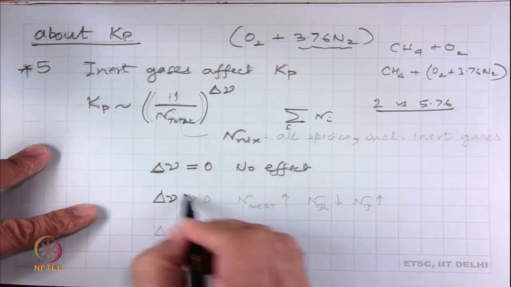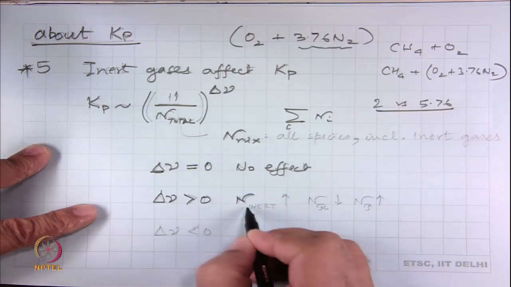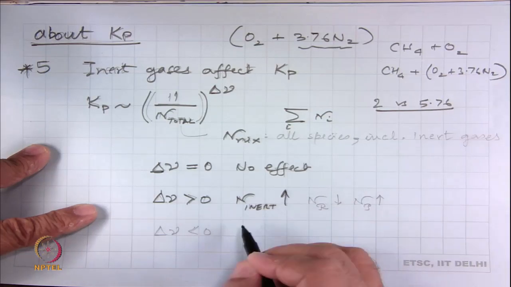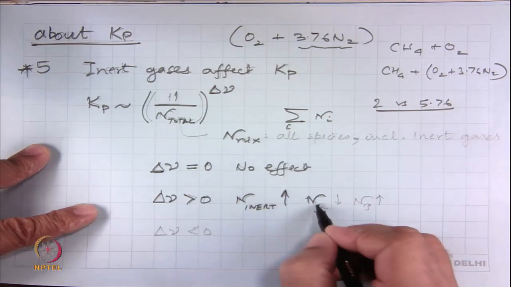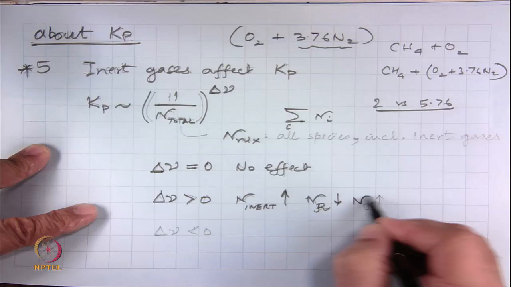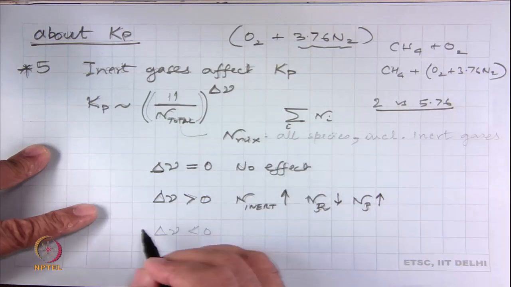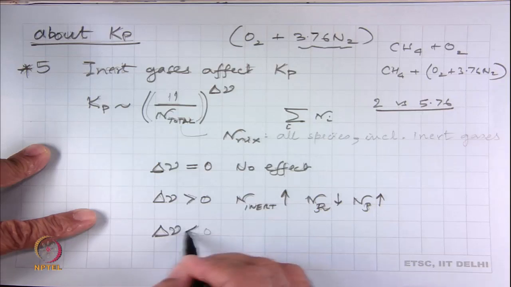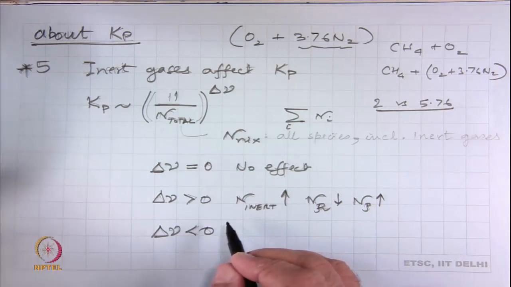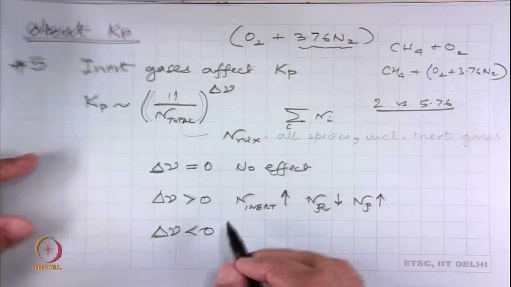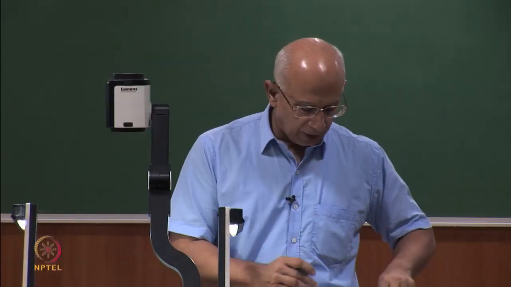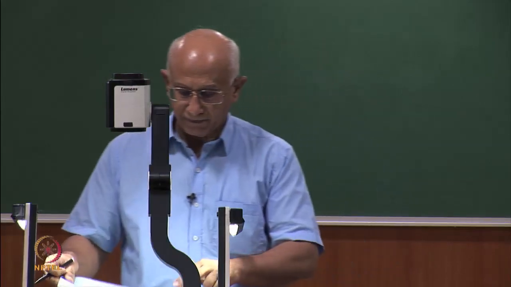If delta nu is greater than 0, then as the number of moles of inert gases goes up, the reactant moles come down and the product moles go up, and the opposite will happen if delta nu is less than 0. So, there is some effect of the inert gas depending on the delta nu factor.